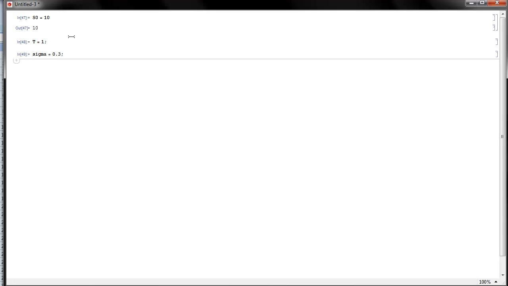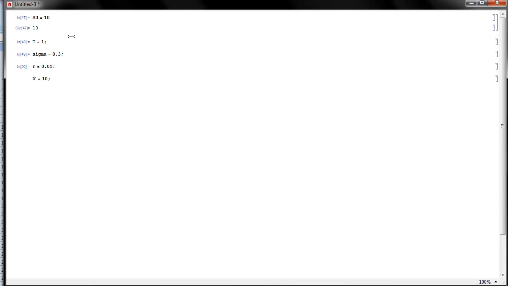Okay, risk-free rate R is gonna be 0.05, which means 5% is the risk-free rate. And let's say K is also $10.